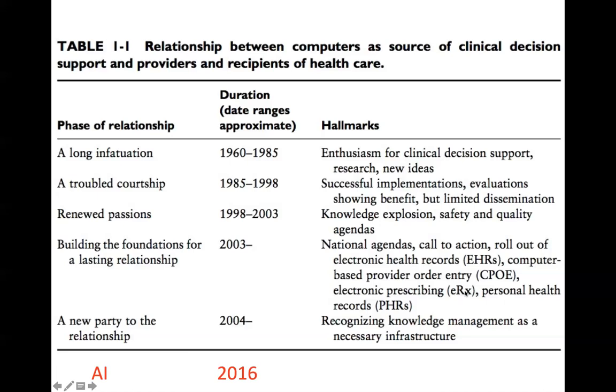Sometimes we call it HIS, health information system. I think since 2000 or 2005 most things were well done. Though there were some continuous improvements, development slowed down a little bit.